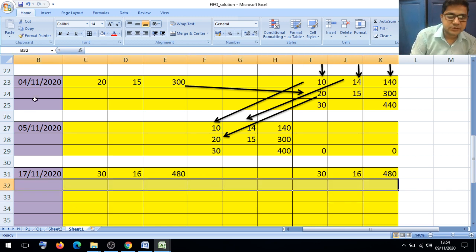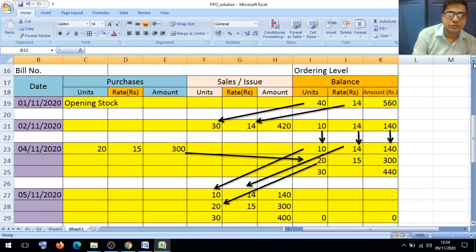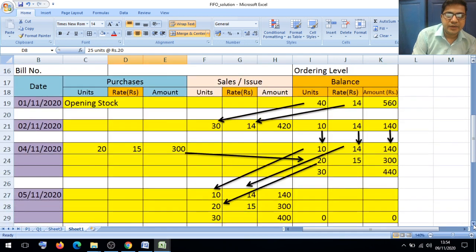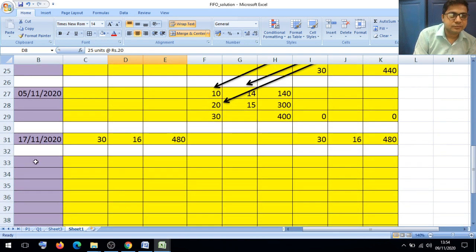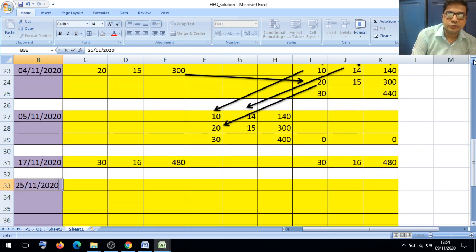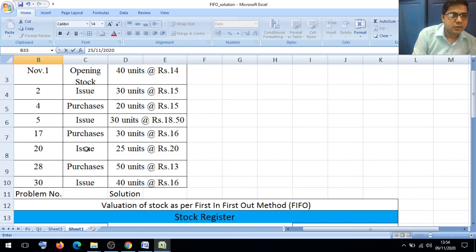The closing balances. After recording the 17th November transaction, now next transaction on 20th November they issue 25 units. So we will write here 25th November 2020. How many units they want to sold? 25.